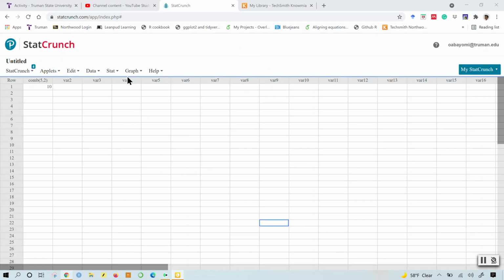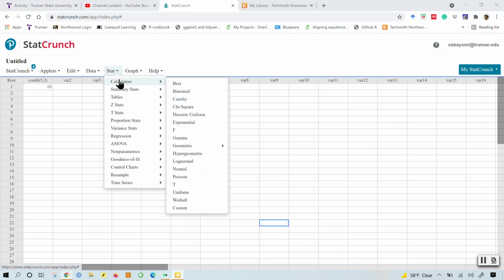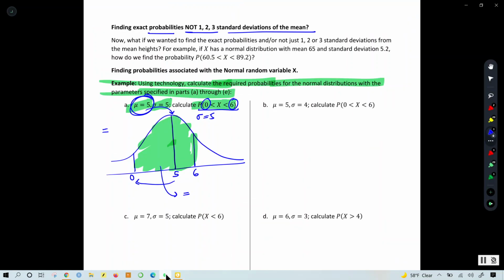So here I am in StatCrunch. I will go to Statistics, go to Calculators, this time to the normal distribution. Click on that. And then I will need to set the mean and the standard deviation. Going back to my notes, my mean is 5. My standard deviation is also 5.